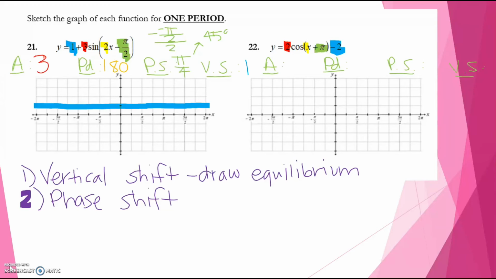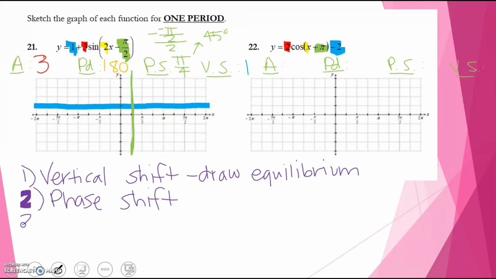The phase shift is 45 degrees, or pi over 4. Since it's positive, it's going to be shifted to the right. So pi over 4 will be right in between the 0 and the pi over 2. So right here. That's our phase shift.